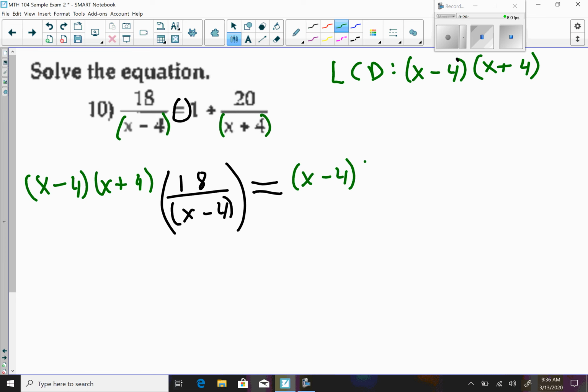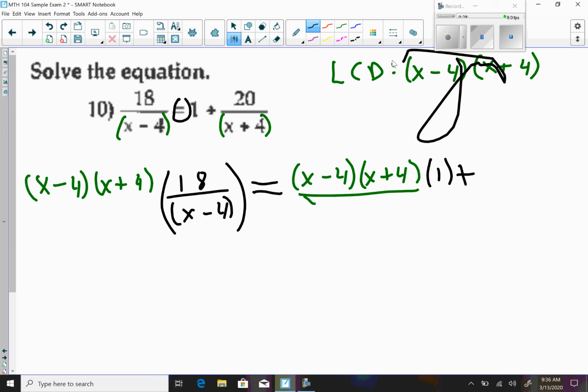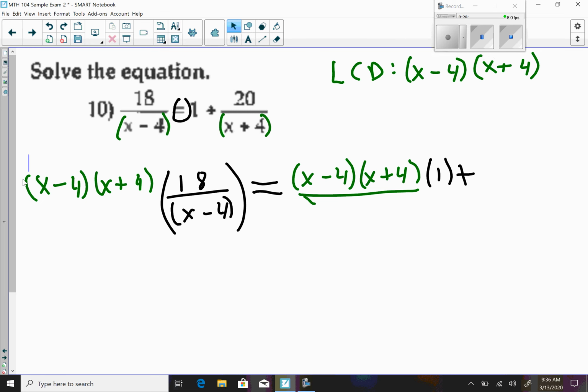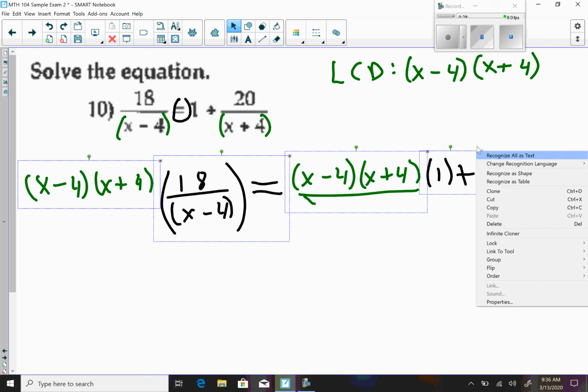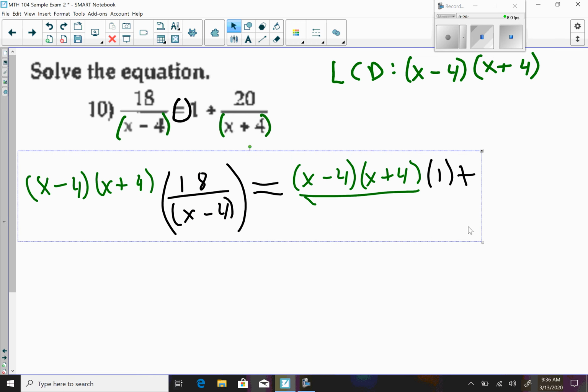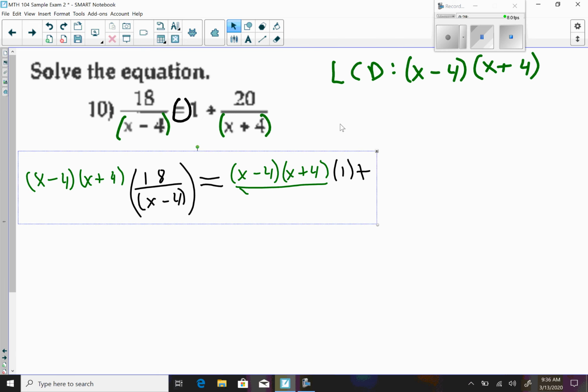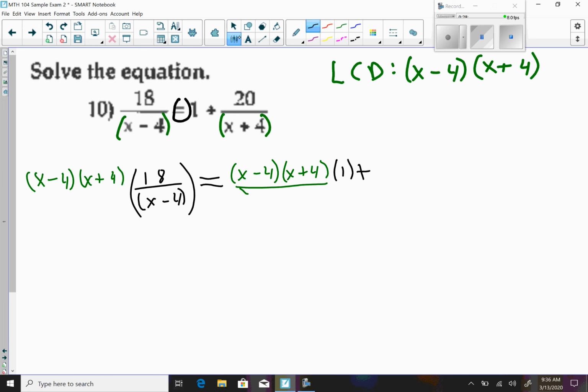X minus 4 times x plus 4 has to be multiplied to each term here, so the 1, and then plus x minus 4 times x plus 4 times that last fraction, 20 over x plus 4.